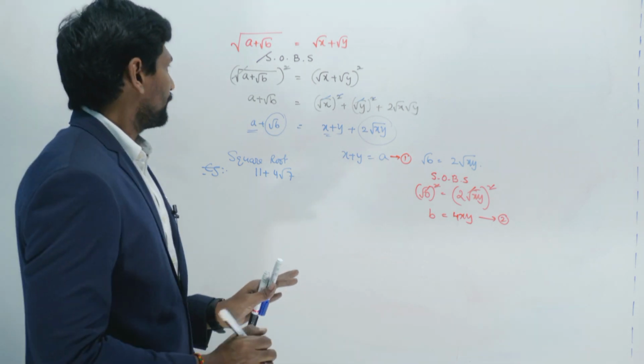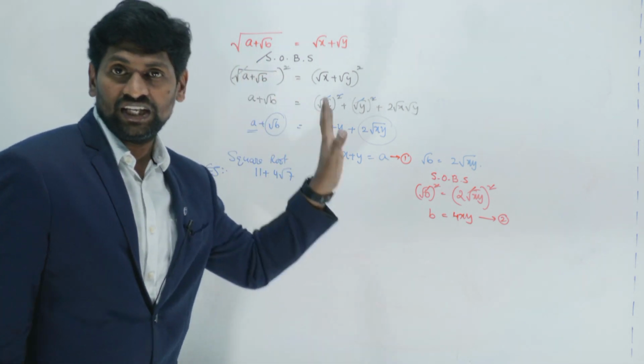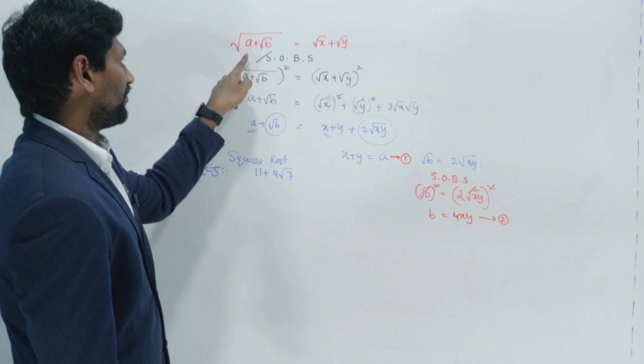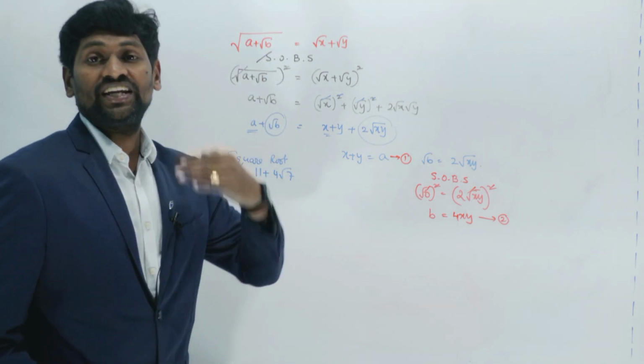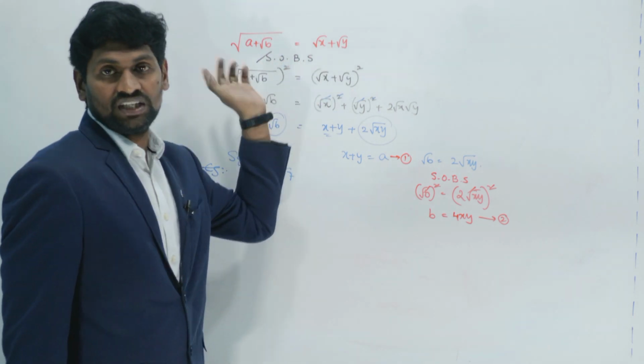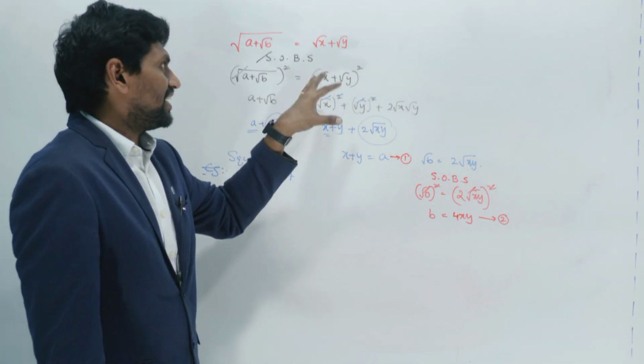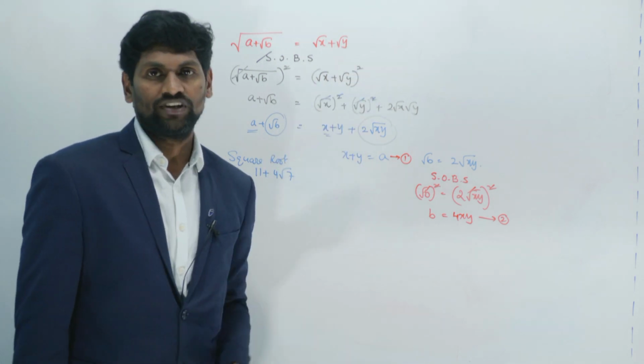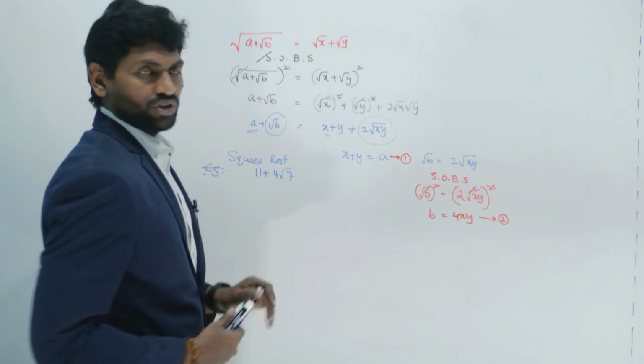Clear until then? If any binomial surd is in the form of a plus root b, for finding the square root of this number, let us guess that the number will be root x plus root y. Now apply squaring on both sides.